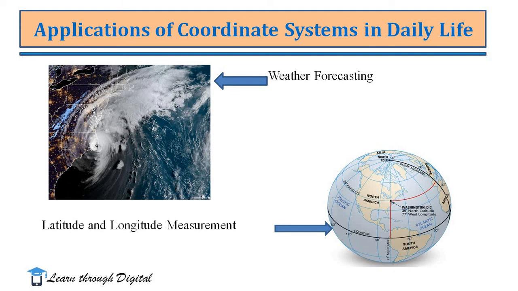Another application is latitude and longitude measurement. A latitude measurement indicates locations at a given angle north or south of Earth's equator. So, latitude measurements range from 90° north at the North Pole to 0° at the equator to 90° south at the South Pole.